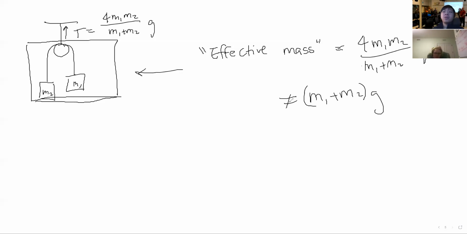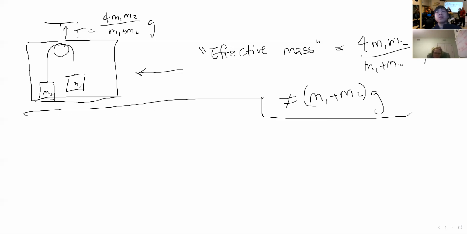So this would actually help us segue into the next part of this problem, which is the double Atwood machine. Right?